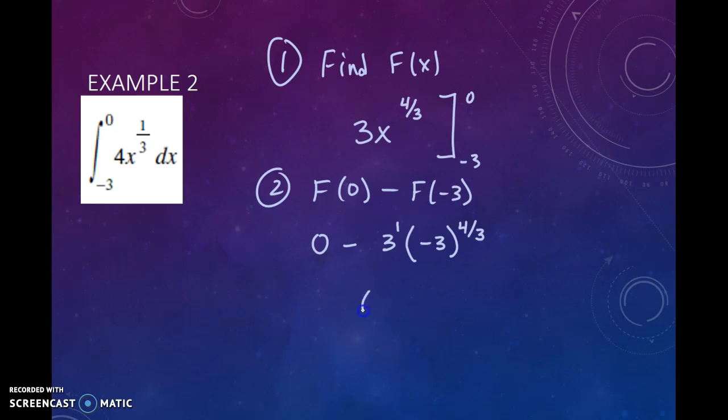So we have negative 3 to the 7/3. And that's it. No, actually, a negative times a negative, 4/3 is positive. Never mind. Okay.